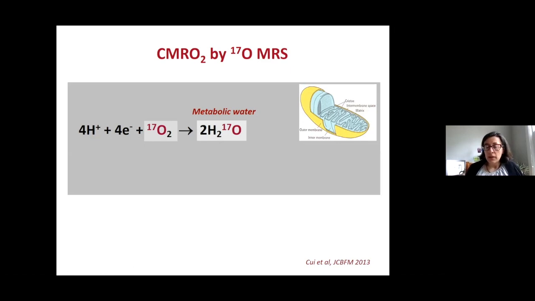This is so far primarily available in animal models. It's not a widely available technique, but I have colleagues at our center who routinely do this. They have shown the feasibility in humans, but oxygen 17 is very expensive, so as a biomarker in humans it is probably not very appropriate. The idea is that O17 gas is NMR invisible; once it's incorporated into metabolic water, it's NMR visible.